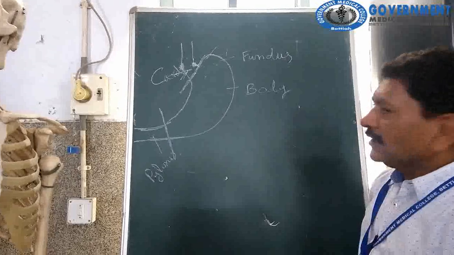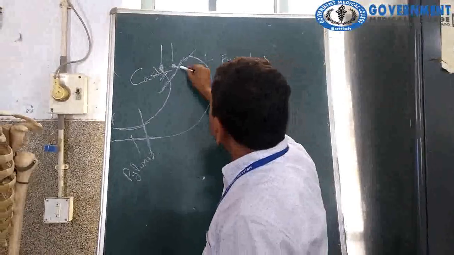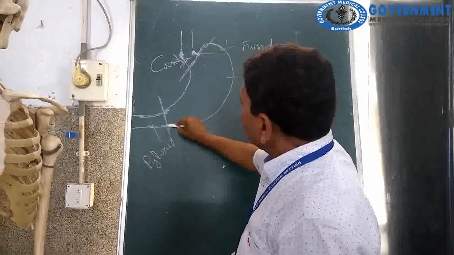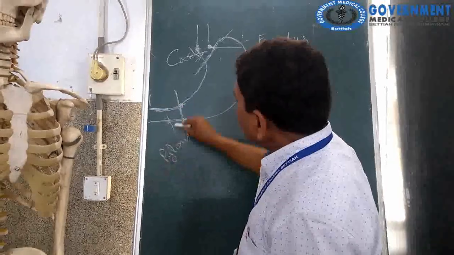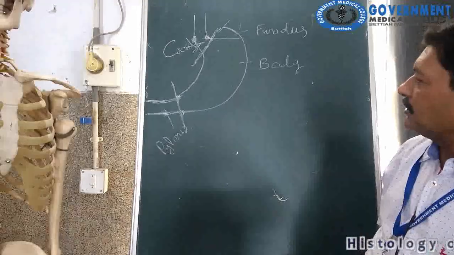The second is the fundus or body part, the whole fundus area before the pylorus. The third part is the pylorus or pyloric part, the tubular terminal part of the stomach.